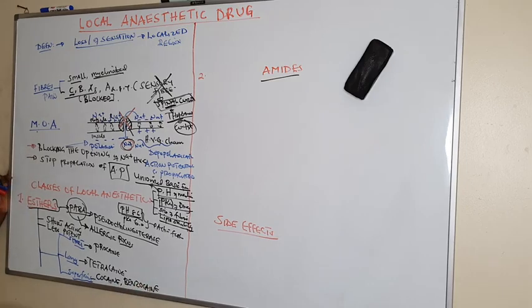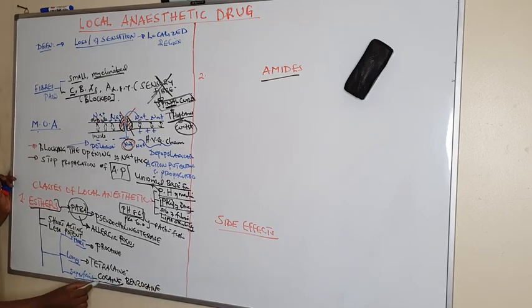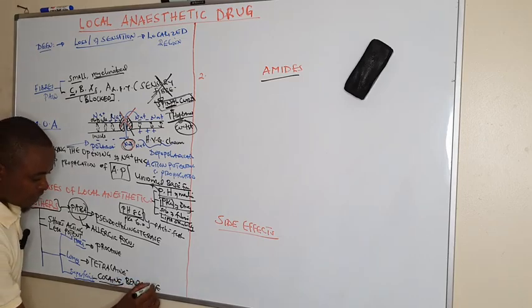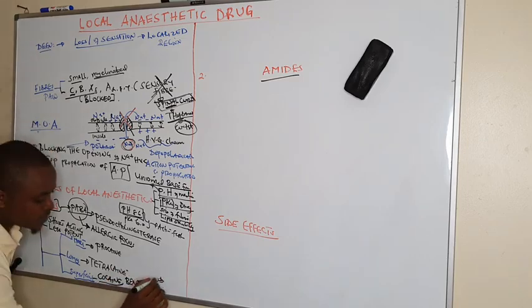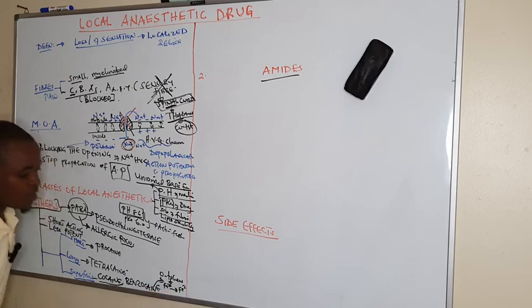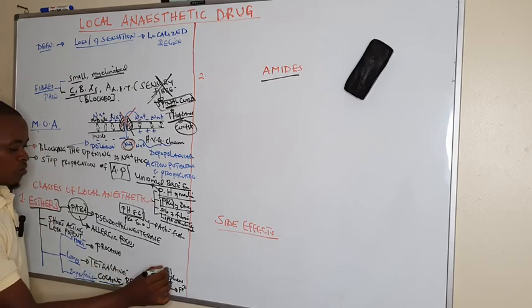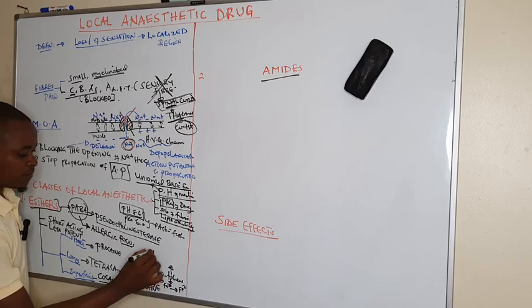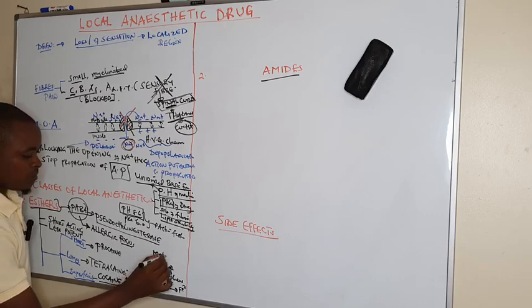So cocaine and benzocaine, and we shall see some good things about cocaine. But benzocaine, its side effect when taken, it produces O-toluidine, and this oxidizes the iron in the hemoglobin from iron 2 to iron 3, leading to what we call methemoglobinemia.